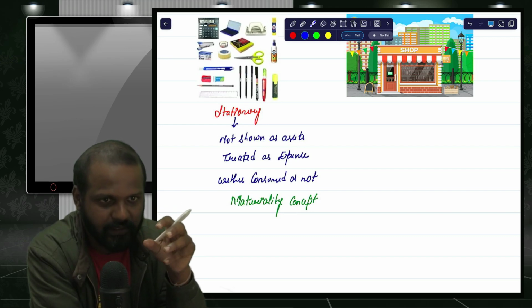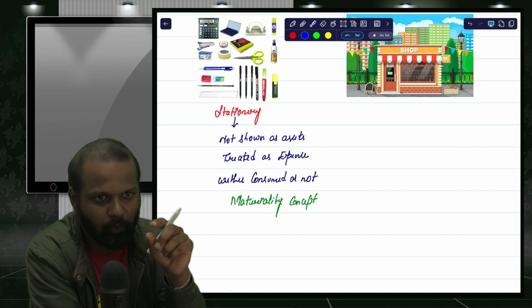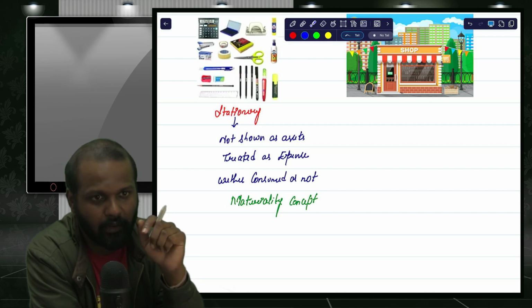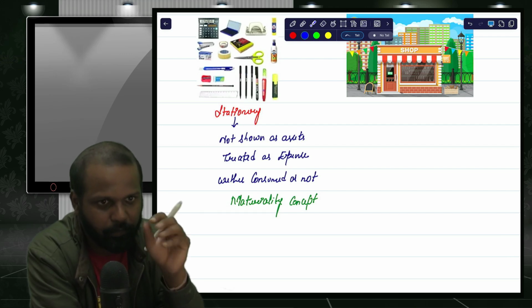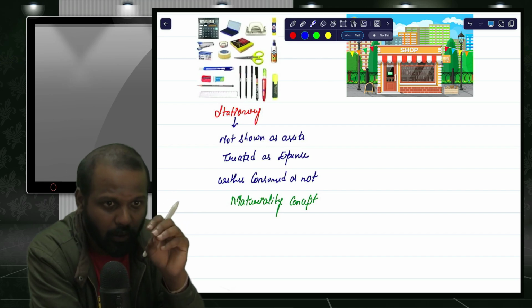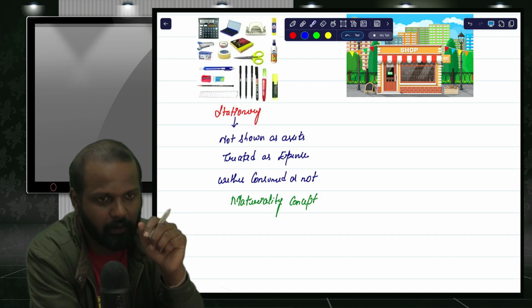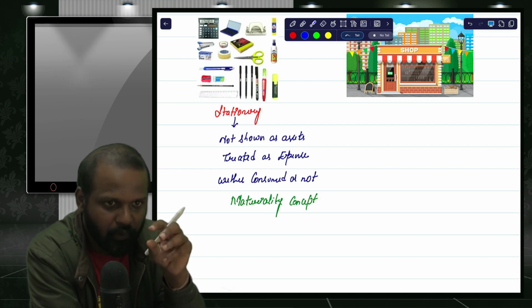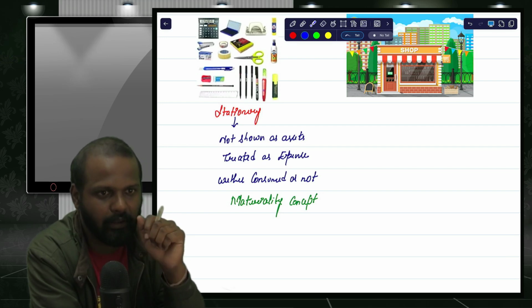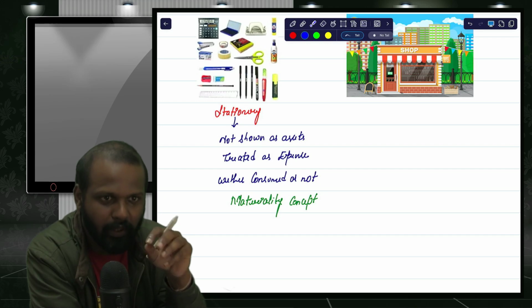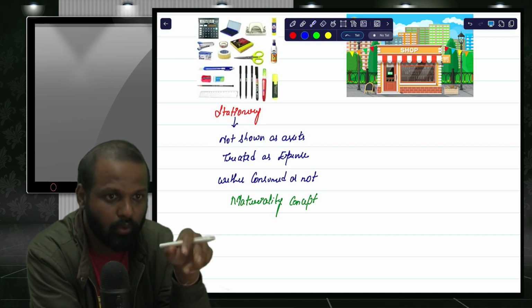Whatever stationery you have purchased, for example, let us say you have purchased one sharpener. You have paid 10 rupees or 5 rupees for that. Whatever the 5 rupees you have paid for purchasing the eraser or sharpener, the benefit of that will not get expired in the current year only. Because a sharpener you can use for the second year also, third year also, fourth year also.